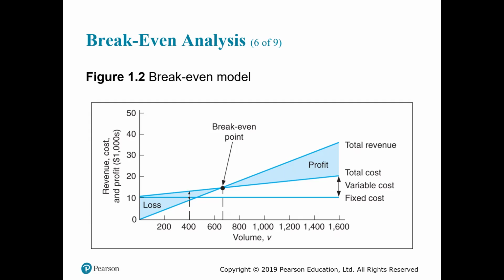At the break-even point, total cost is equal to total revenue, making profit zero. So when you trace the break-even point to the horizontal axis, you get the quantity the entrepreneur is supposed to produce in order to make profit.